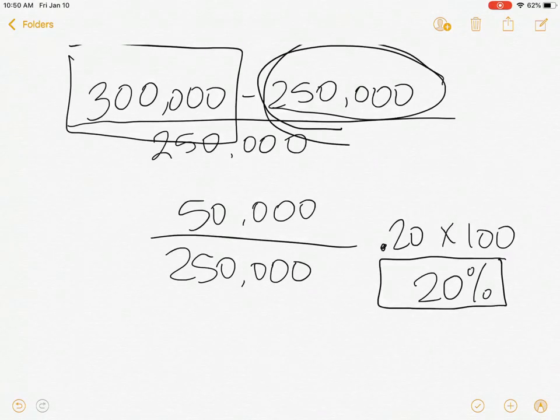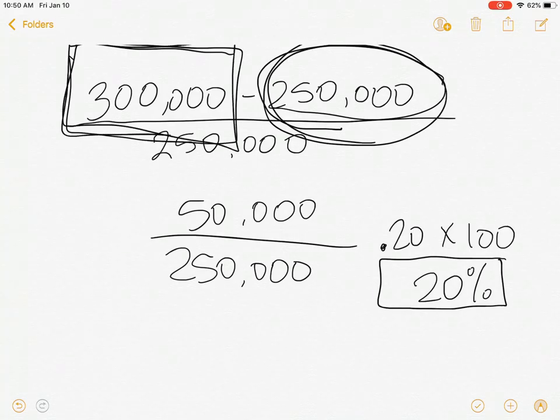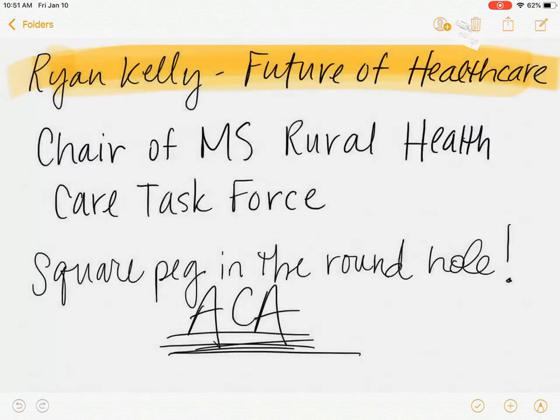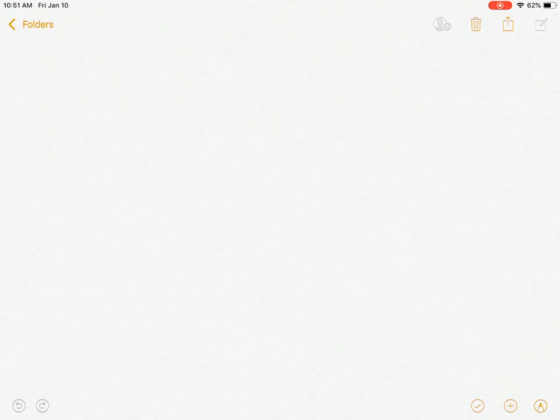So we had budgeted 250,000, but we spent 300,000 the next year. So when you spend more than you budget, that's a negative variance. So negative variances are going to be positive numbers. So positive 20% is a negative variance. All right, so let's look at the next one.